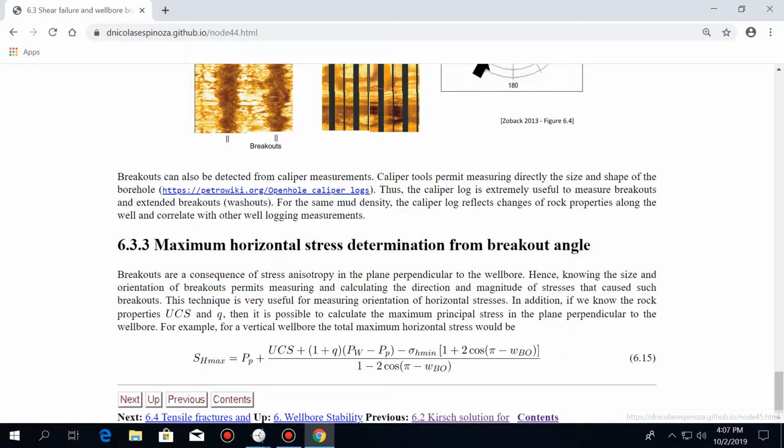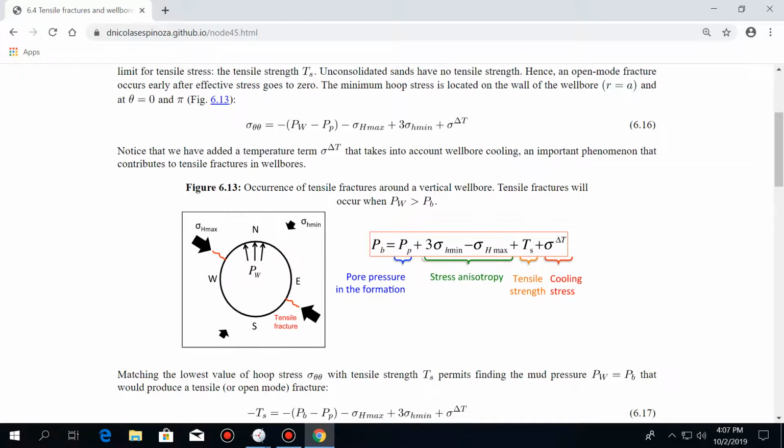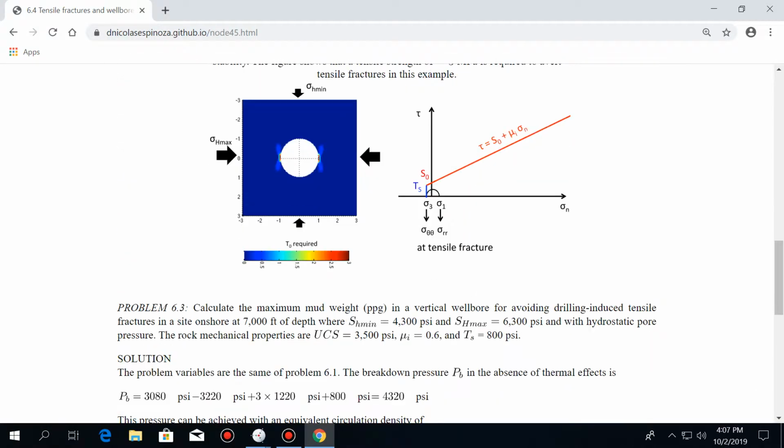And the next one, which is tensile failure around the wellbore. So shear and tensile failure, both, they can happen in the wellbore, and that's why we are using this solution of stresses, because we want to know whether there is going to be failure around the wellbore or not. And in order to do that, we need to compare stresses in the wellbore with the strength of the rock.